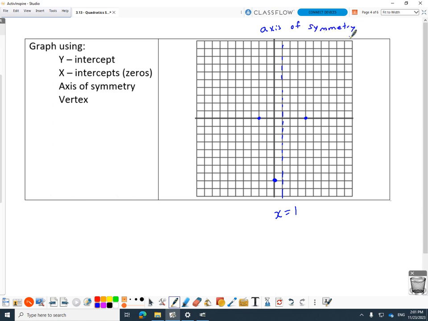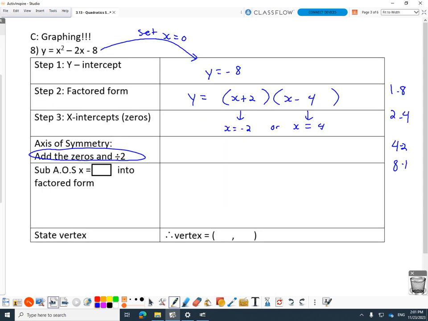So, I now have found the axis of symmetry, which is at x equals 1. And just so this fits in here, I put AOS, x equals 1 into factored form. I don't know if that short form is very helpful, so just draw a little arrow going. That was just a short form for axis of symmetry. I fixed it on your test. It said AOS on your test, and I actually wrote the words axis of symmetry.